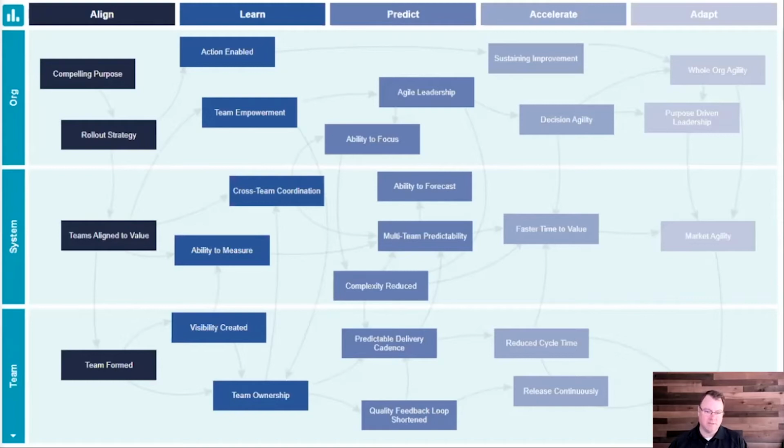And Seth's going to show you how we can use Path to Agility Navigator in a second to assess where we are, get a heat map of where we are, and start to gain intelligence of where we are. And then that starts to inform, based on the outcomes that we're after, what are the things that we need to do.